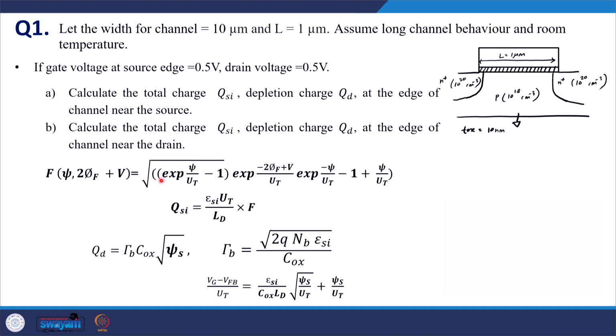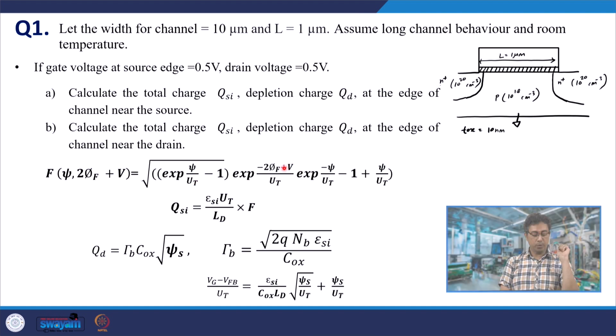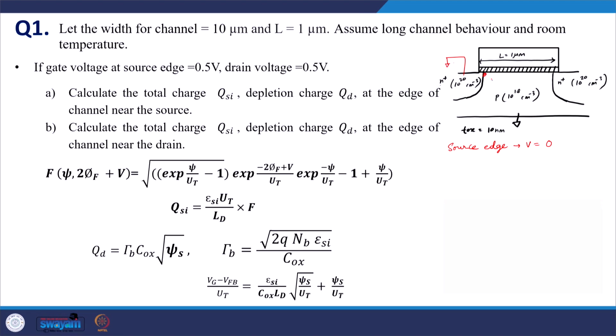The F function, its value we will calculate. Now we need to substitute the value of V. What is V at the edge of the source? At the edge of the source, V is 0 volts, because the source is grounded here, we assume. So at the edge of the source, the channel potential V is 0 volts.